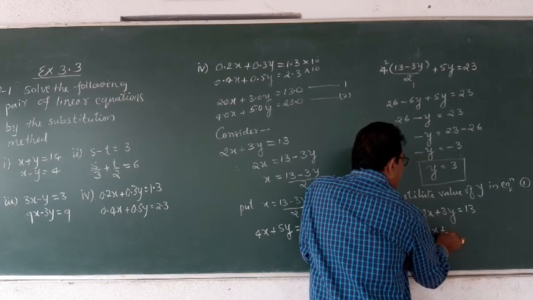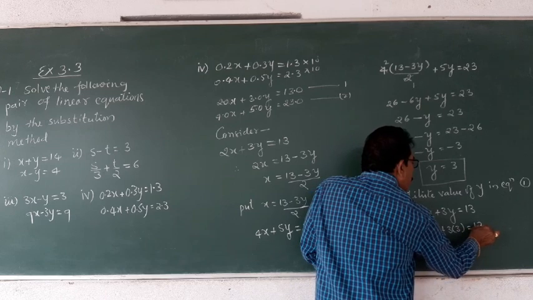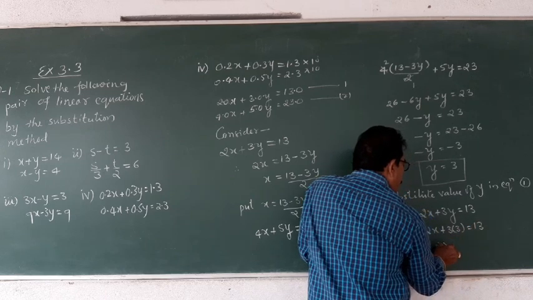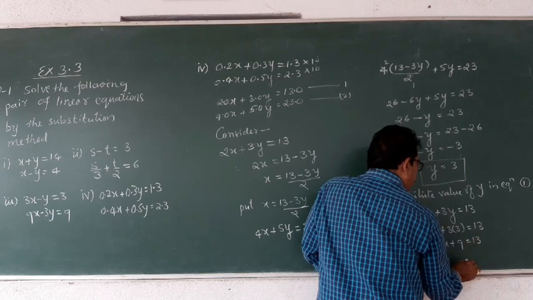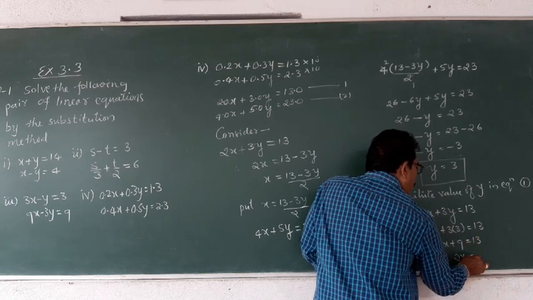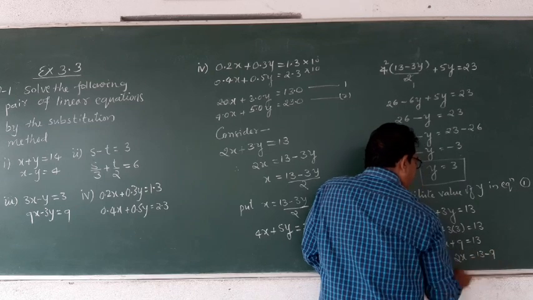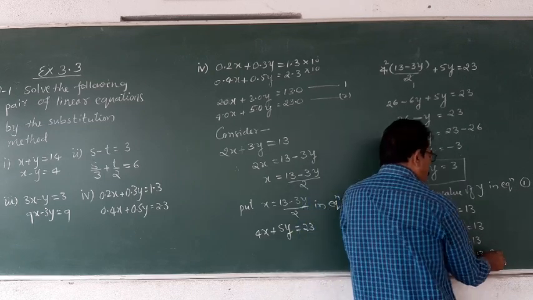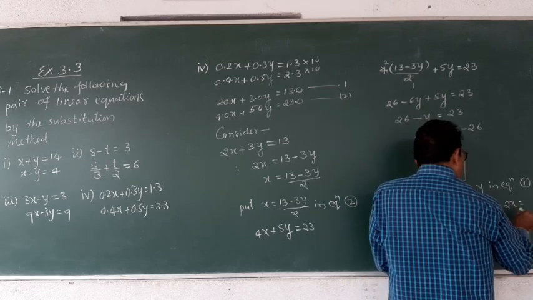2x, y equals 3, equals 13. 2x plus 9 equals 13. 2x equals 13 minus 9, so 2x equals 4.